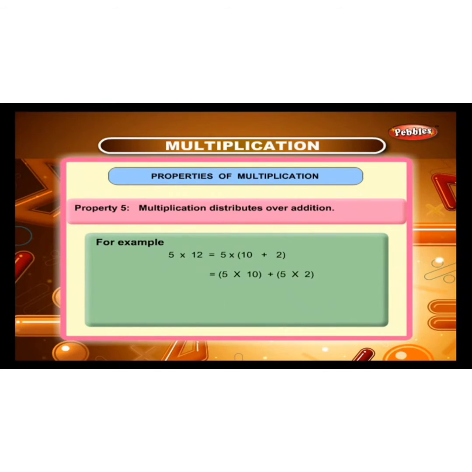Now multiply 5 separately by the two numbers, that is 5 into 10 and 5 into 2. Now we get the products as 50 and 10. Add both the numbers 50 and 10 to get the final product, which is equal to 60.